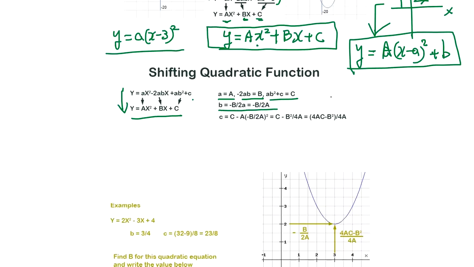B is equal to minus b over 2a, and the C is 4ac minus b squared over 4a. Okay, so what's happened is we go the opposite way.